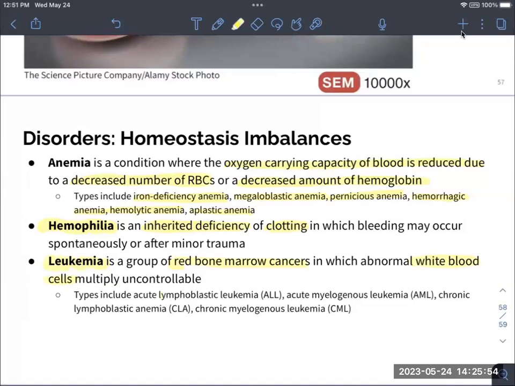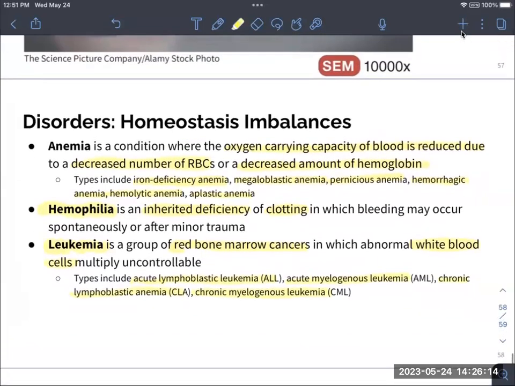We have acute lymphoblastic leukemia, acute myelogenous leukemia, chronic lymphoblastic leukemia, and chronic myelogenous leukemia. These are all different kinds. They just affect different white blood cells. They affect the red bone marrow and how much of specific types of white blood cells are being made.